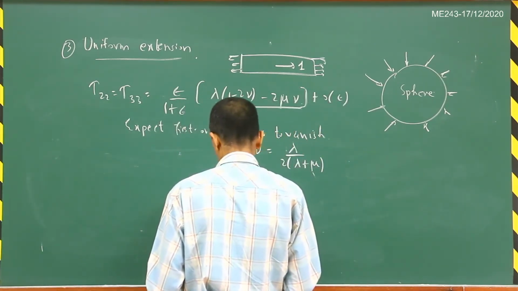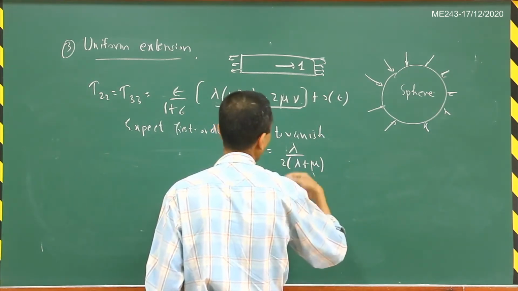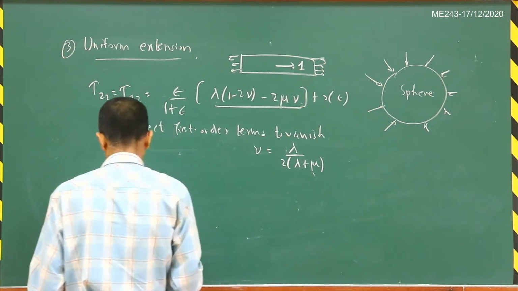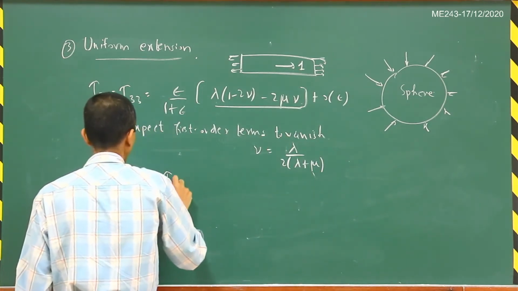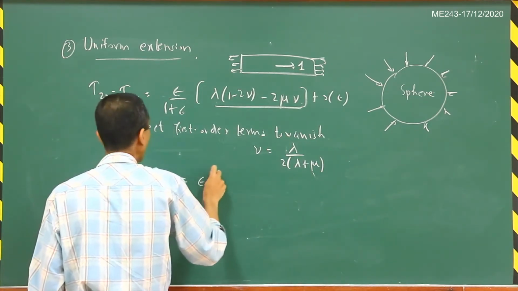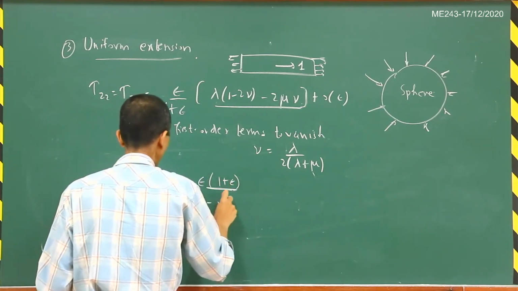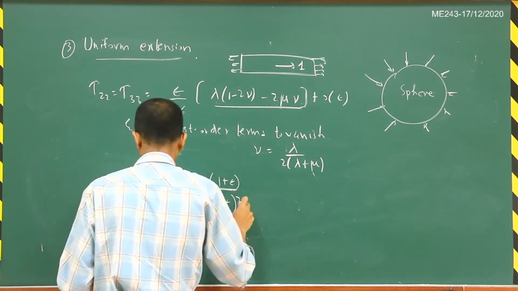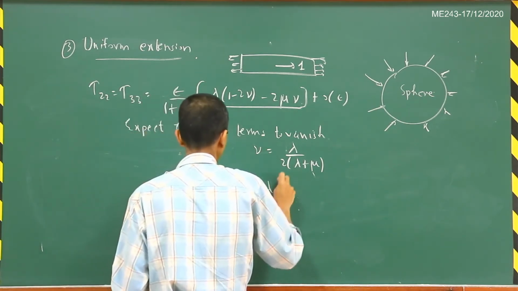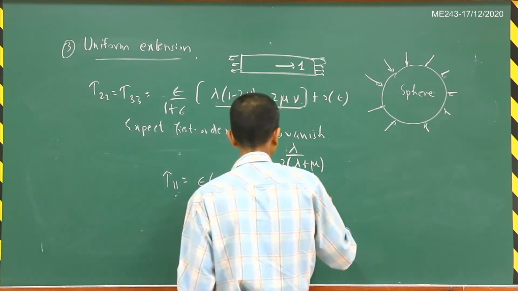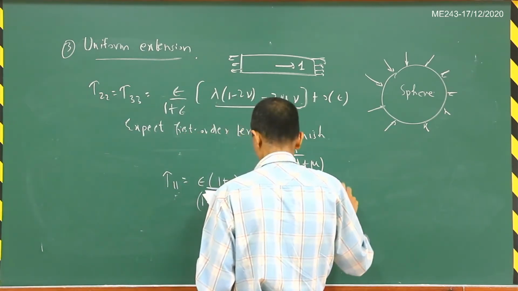Okay, and now let us look at what is tau 1 from this. So you will get tau 1 is equal to epsilon by 1 plus epsilon, 1 minus nu epsilon square times lambda times 1 minus 2 nu plus 2 mu, plus order epsilon.